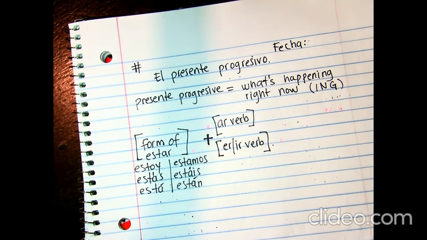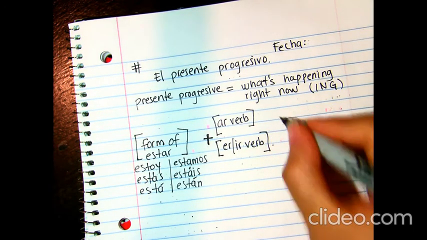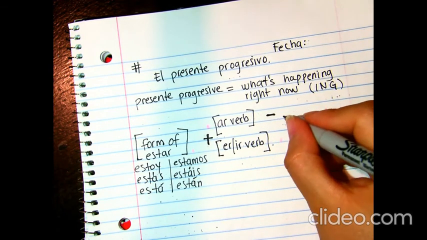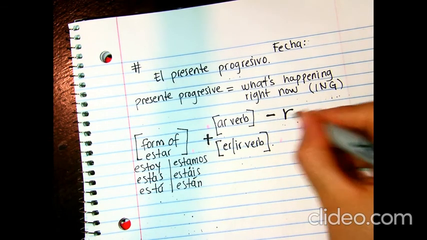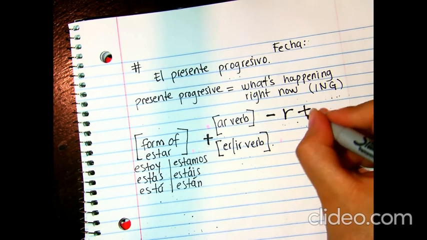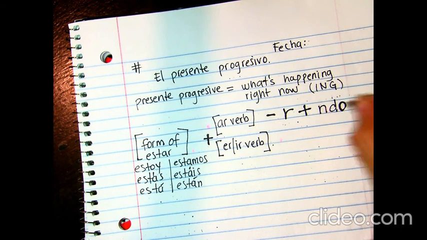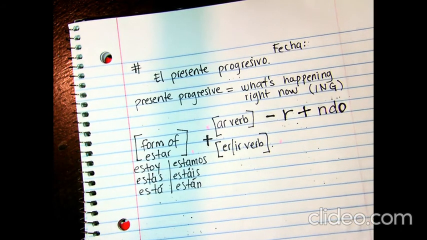However, to the AR ending verbs, you're going to take away the R and you're going to add NDO.